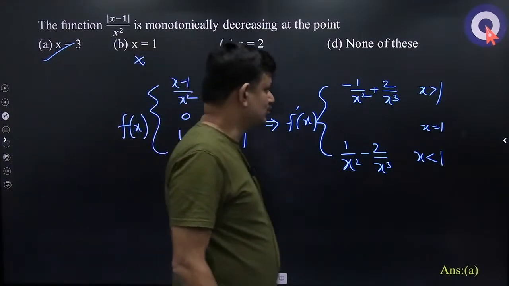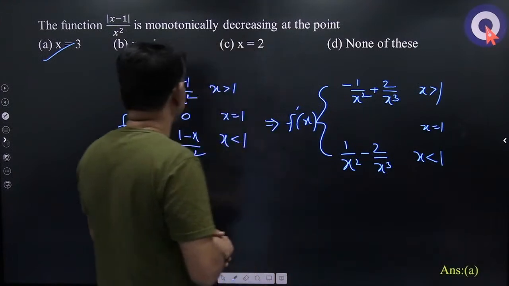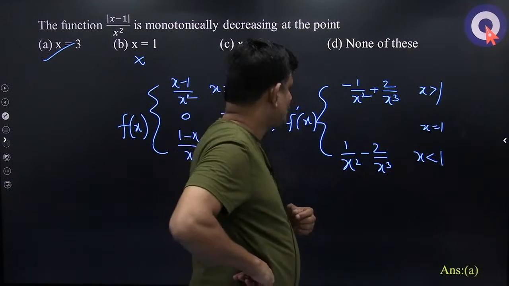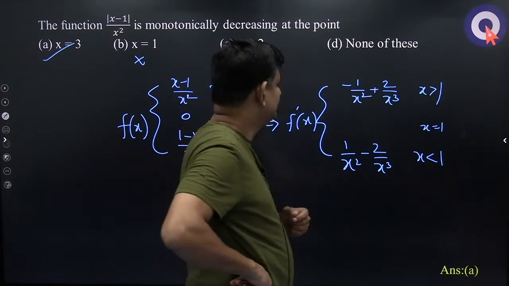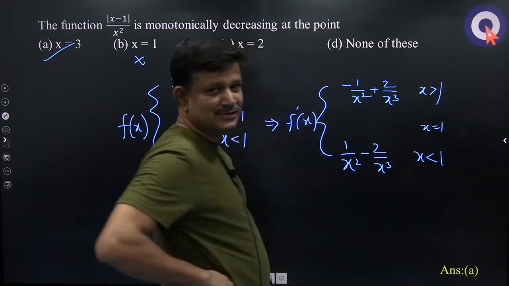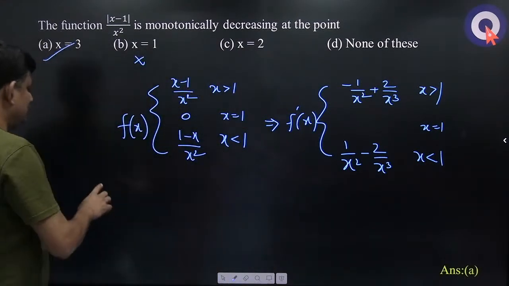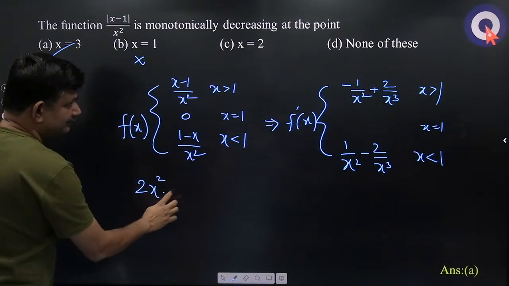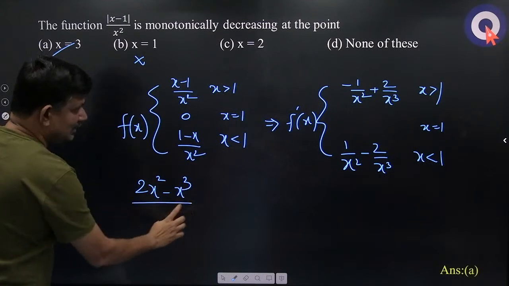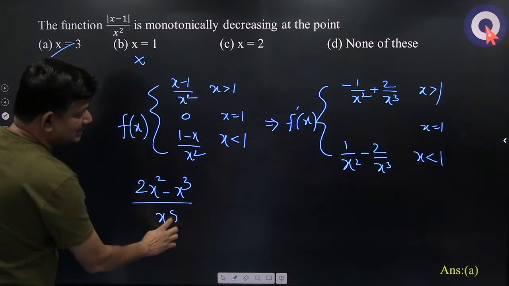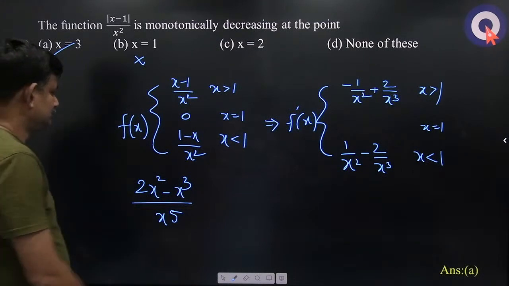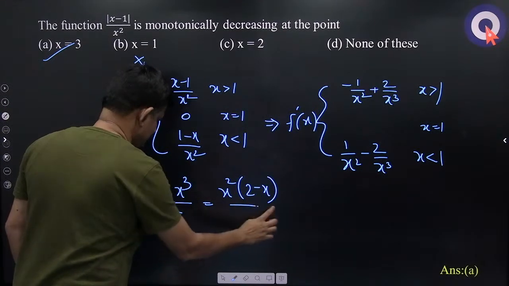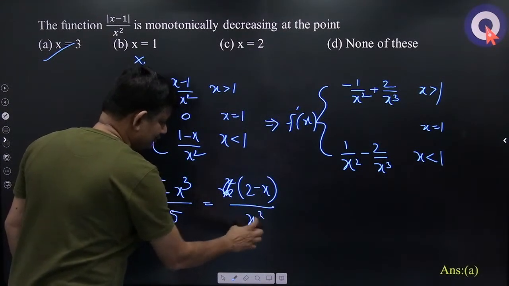At x is equal to 2. X equal to 2 falls here. 2 by 8, which is 1 by 4, minus 1 by 4. Derivative is 0. So at x equal to 2, let me do it carefully. What is the function? 2x square minus x cube divided by x power 5, which is x square into 2 minus x divided by x power 5, and this will be x cube.